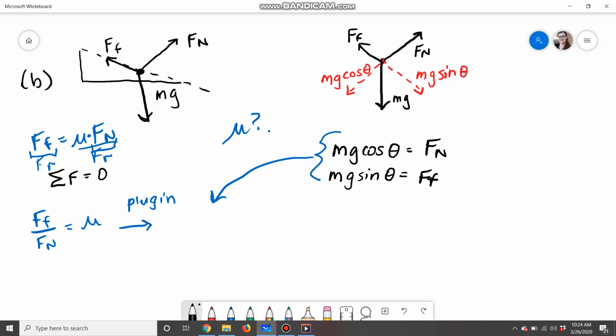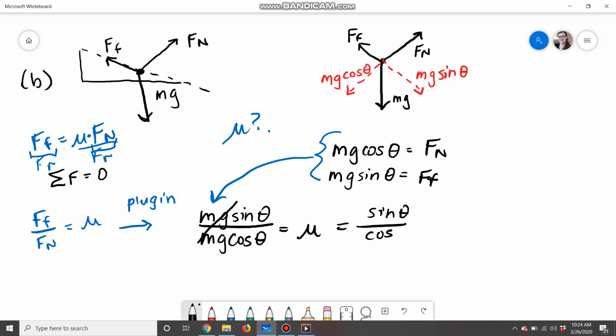My frictional force was mg sine theta, and the normal force was mg cosine of theta. Everybody brought mg to the party, so we end up with sine of theta over cosine of theta, which is just equal to tangent of theta.